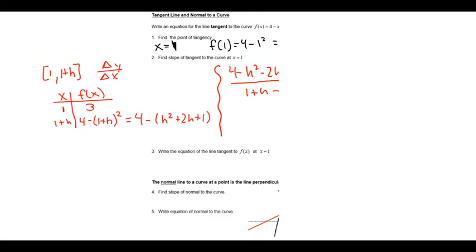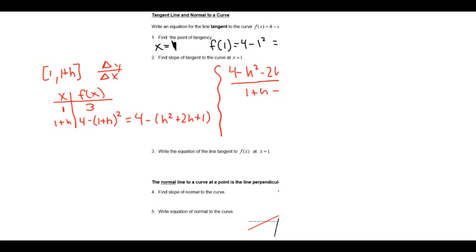And this will lead us to having negative h squared minus 2h over h. Now that is the slope of our secant.